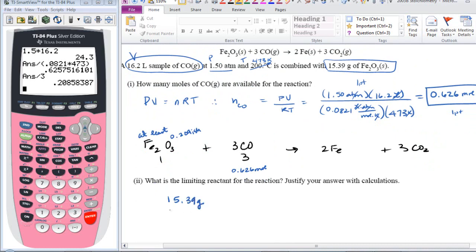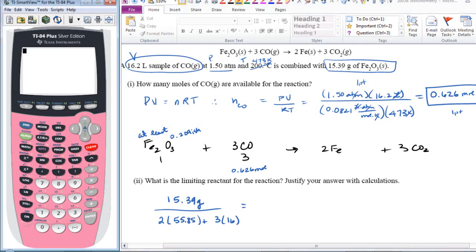Okay, so easy enough. 15.39 grams of the stuff divided by its molar mass. That's 2 irons at 55.85 apiece, and you know the oxygen is 16 by now. So what do we have that come out to be? 15.39 divided by 2 times 55.85 plus 48.